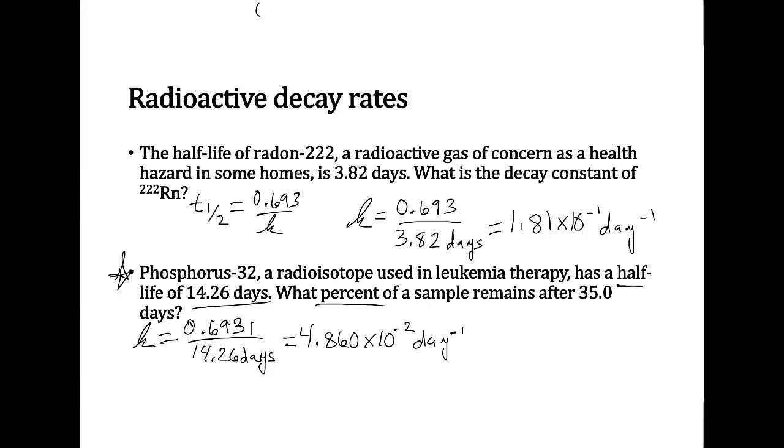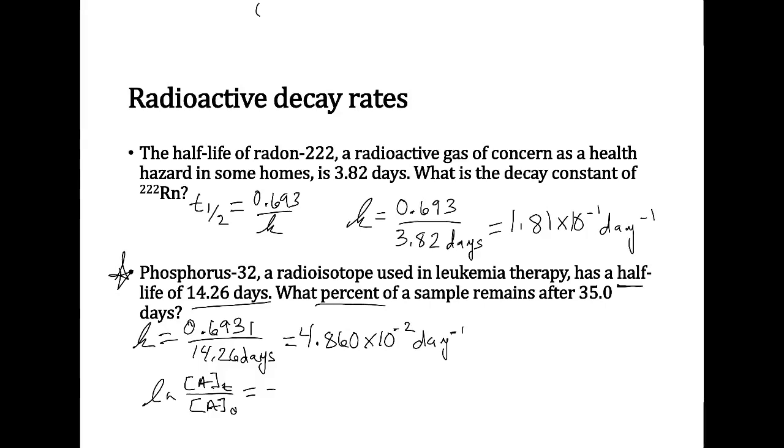Then from here, since it asks what percent of a sample remains, it doesn't matter what your initial concentration is for a first order reaction, because it's A sub t over A sub naught, where in this case it's the concentration of phosphorus 32. So now we can plug into our integrated rate law.